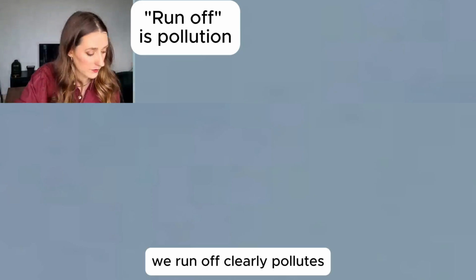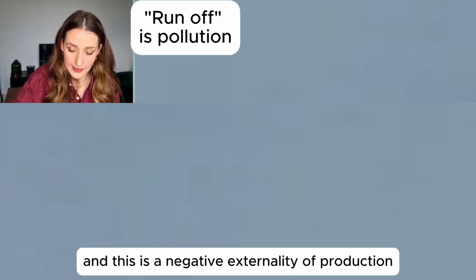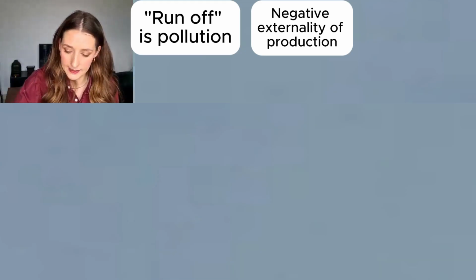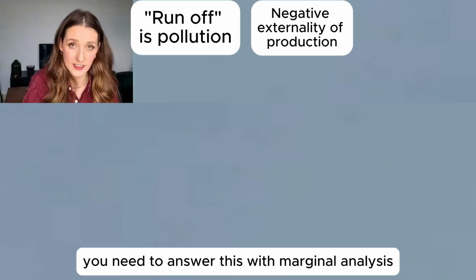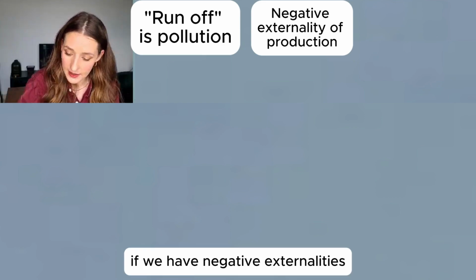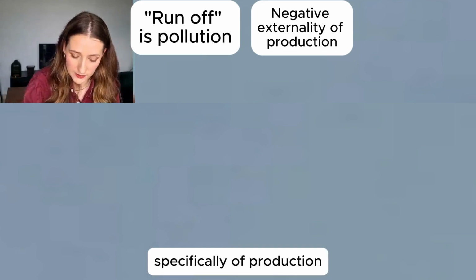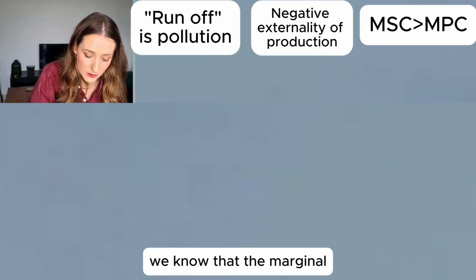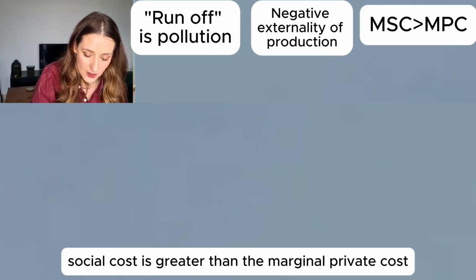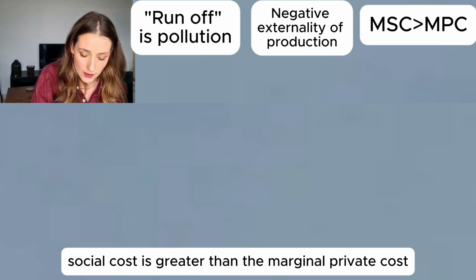The runoff clearly pollutes, and this is a negative externality of production. We need to answer this with marginal analysis. If we have negative externalities, specifically of production, we know that the marginal social cost is greater than the marginal private cost.